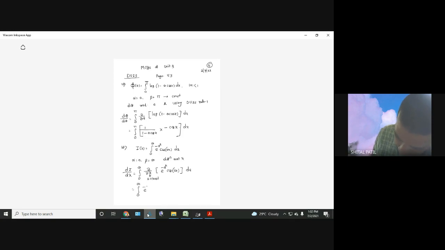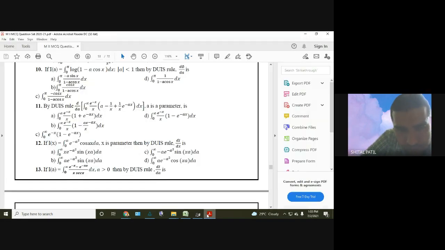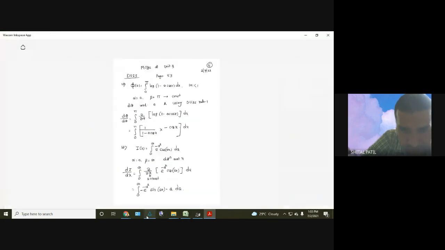So the answer is e raised to minus a square, constant. Derivative of cos is minus sine, and then derivative of ax with respect to x is a, dA. Minus a square, whether it is minus a square, yes. Check, this is the answer. Minus of e raised to minus a square sine of ax into a dA.